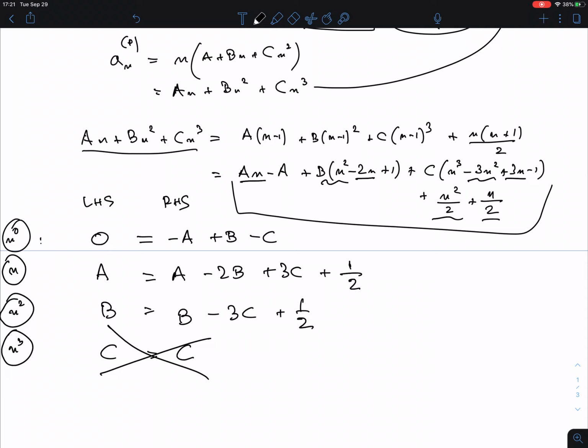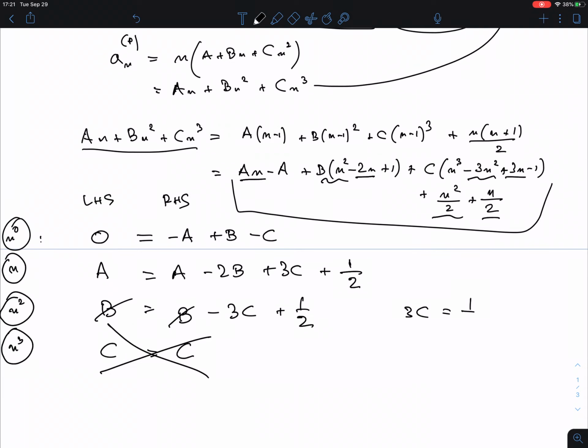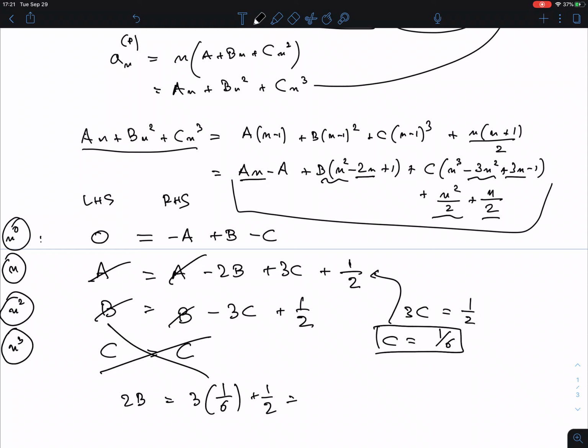Oh, but we can solve a little bit, right? Say these b's cancel here, and I see that 3c is equal to a half, so c is equal to 1/6. That's good, because now I can plug that into the next equation where the a's actually cancel, so I get 2b is equal to 3c, which is 3 times 1/6, plus a half. So there's a half plus a half, that is 1, so we see that b is a half. Good, now I can plug this all in here.